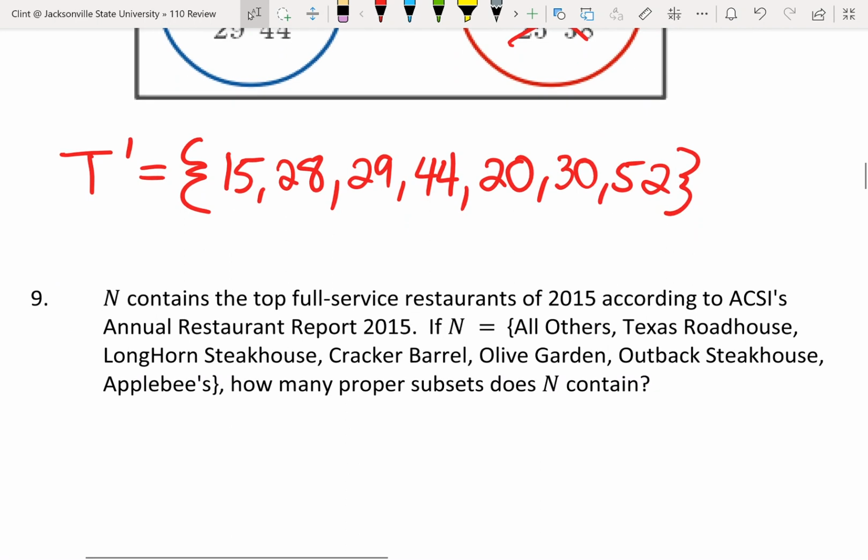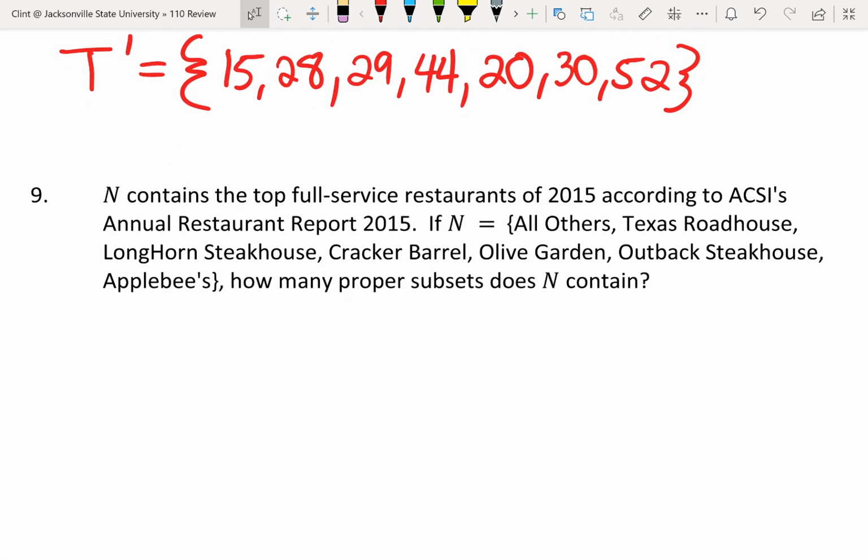Number 9, maybe something we need to refresh our memory on. Says the set N contains the top full service restaurants of 2015, according to ACSI's annual restaurant report 2015. If set N equals Texas Roadhouse, Longhorn Steakhouse, Cracker Barrel, Olive Garden, Outback Steakhouse, Applebee's, how many proper subsets does N contain?